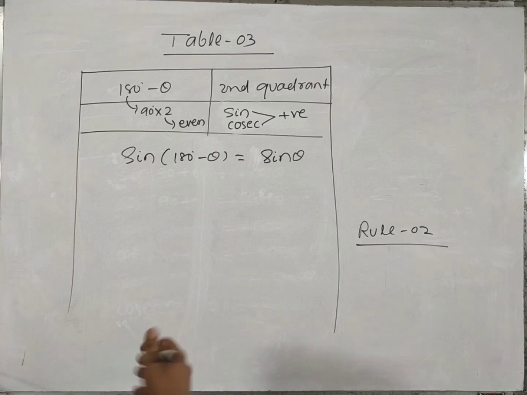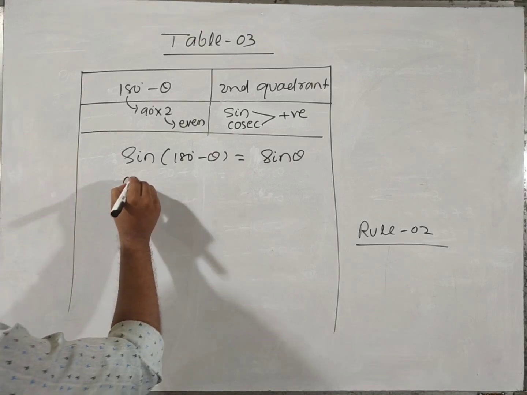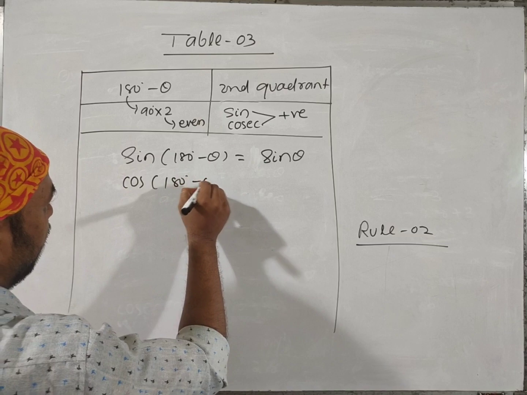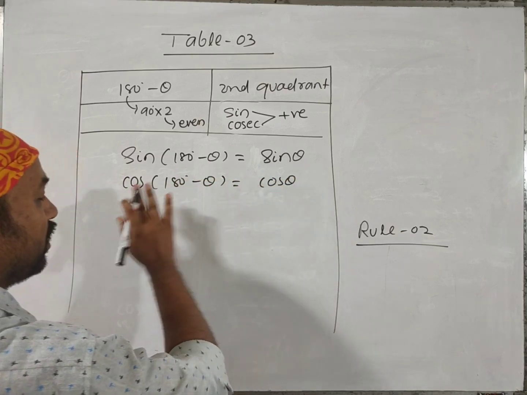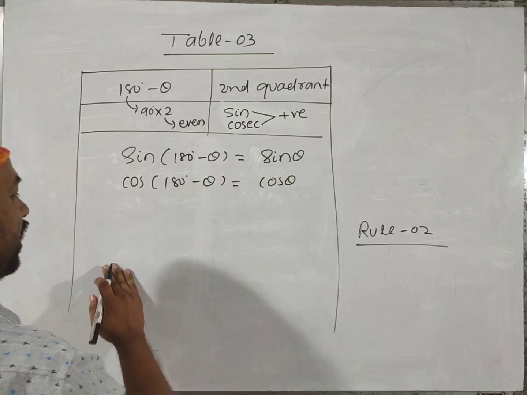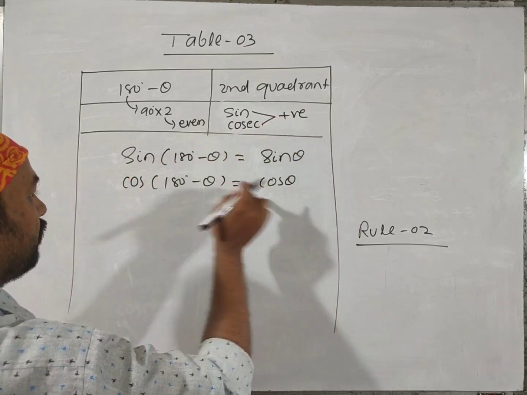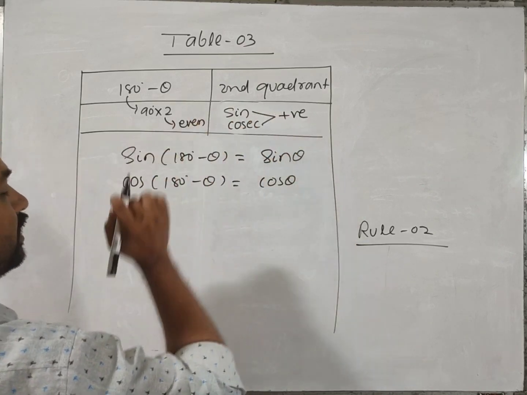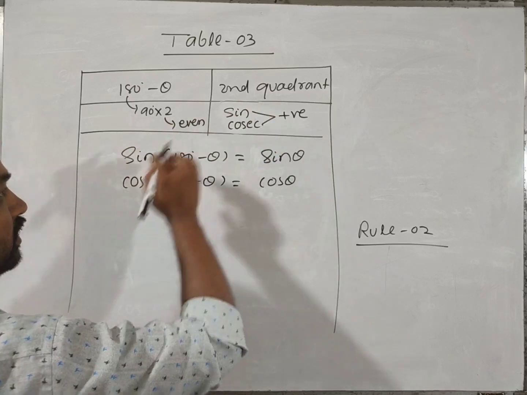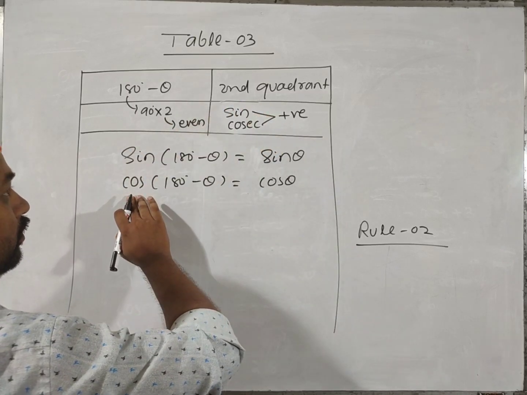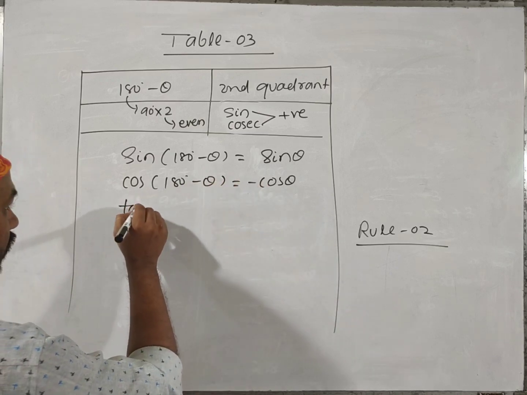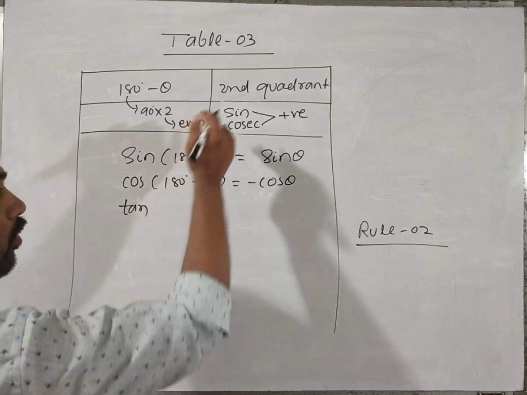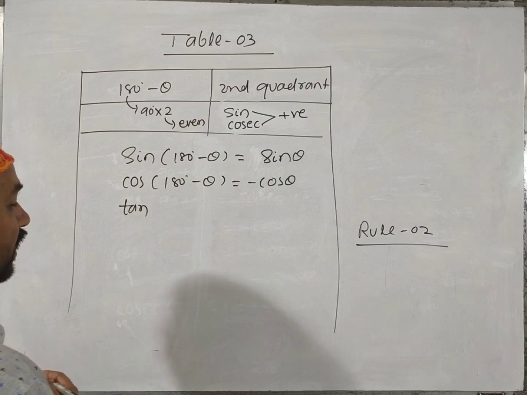If there is negative sign, then you have to mention it. Cos 180 degree minus theta, first of all, cos function is not changed, cos theta will be there. Then whether it is positive or negative, cos function is negative in the second quadrant, so it will be negative. Only sine and cosec are positive in the second quadrant.